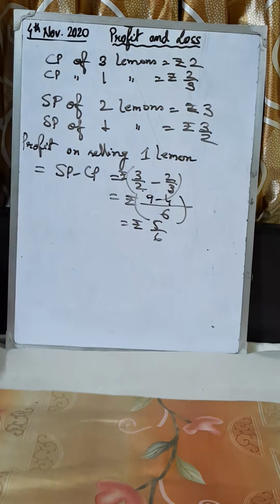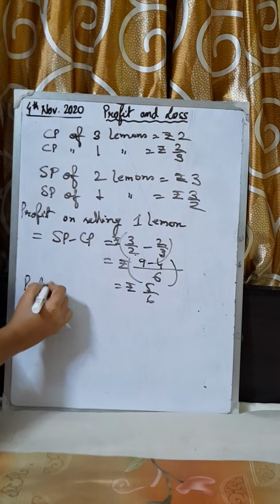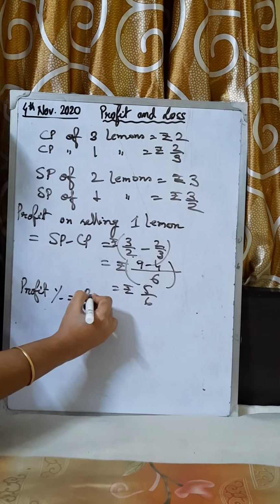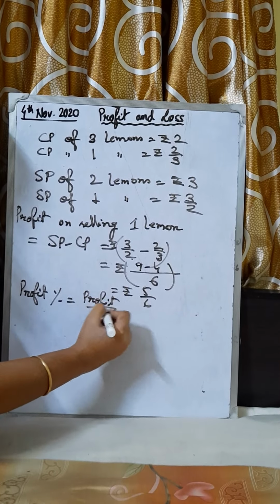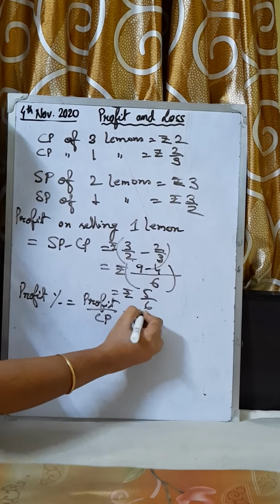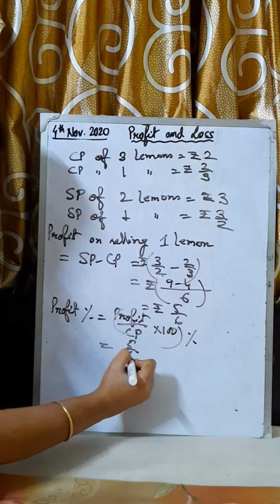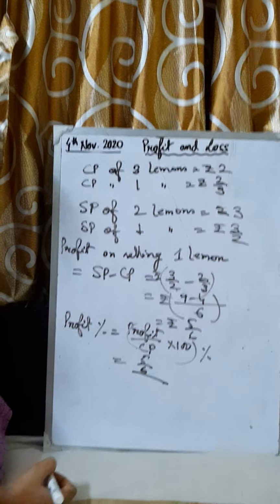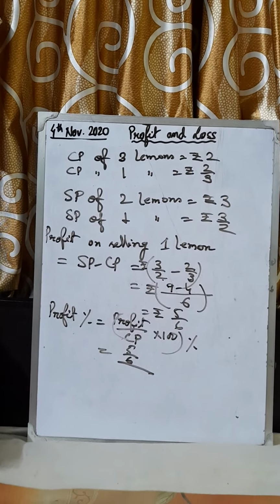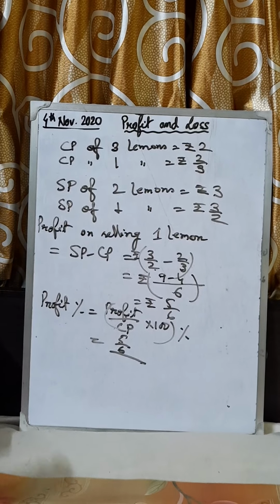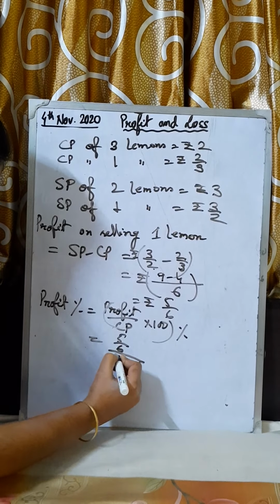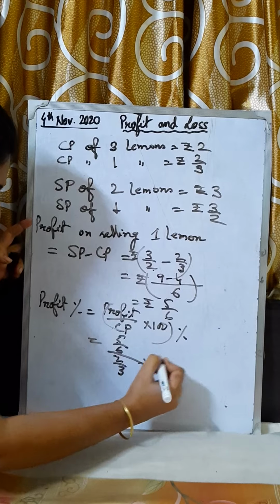Okay. Now you have to find the profit percentage. Profit percentage equals profit by cost price into 100%. Profit is rupees 5/6. Cost price of one lemon is 2/3, right? Into 100.